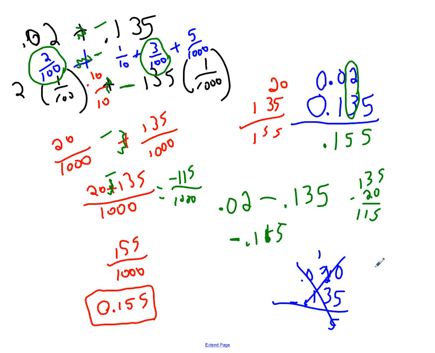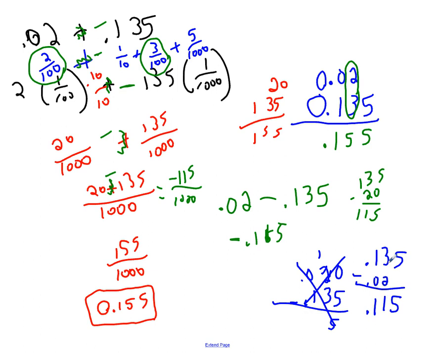So we've got to put the 135 up top. 5 minus nothing. 5 thousandths minus no thousandths is 5. 3 hundredths minus 2 hundredths is 1 hundredth. 1 tenth minus no tenths is 1 tenth. And we show that this is tenths by putting the decimal there. That's how we get it.